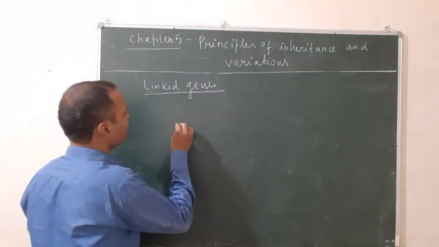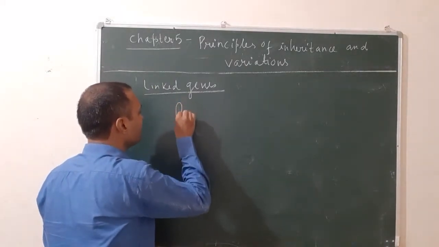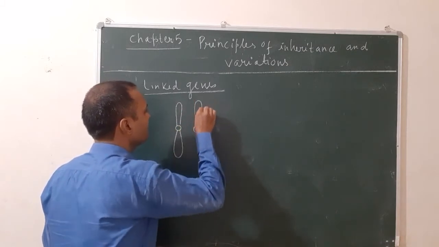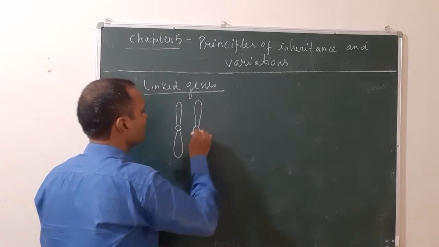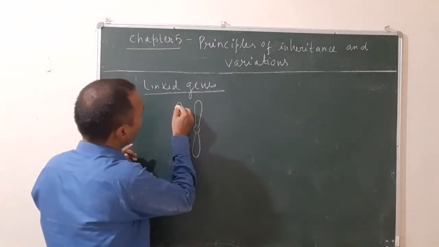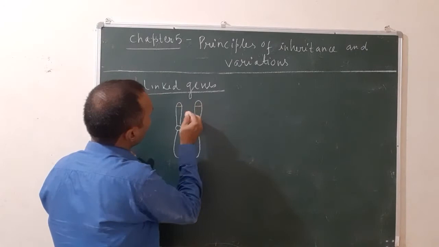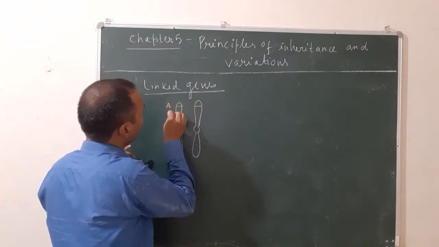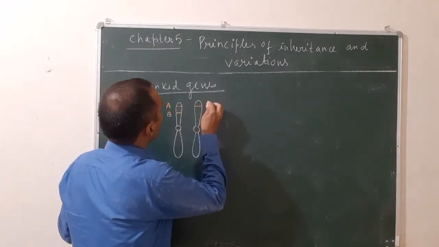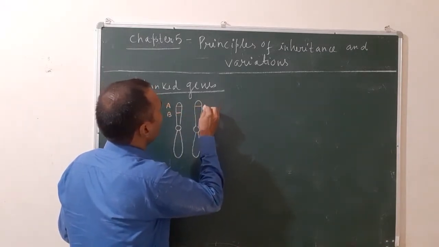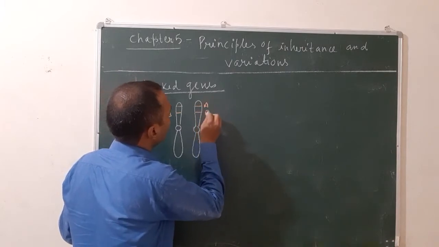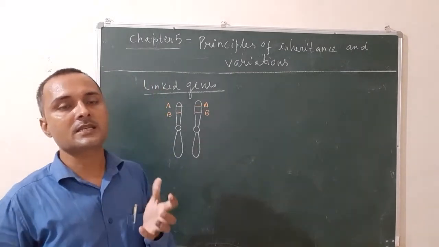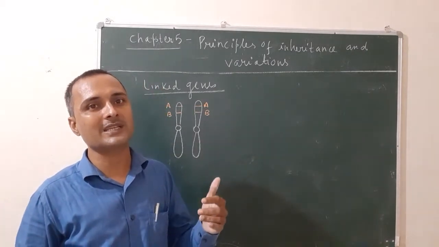For example, suppose this is the pair of chromosome number 1, and this chromosome contains two closely located genes, capital A and capital B. Here also, capital A and capital B. Linked genes are the genes present on homologous chromosomes and closely located.